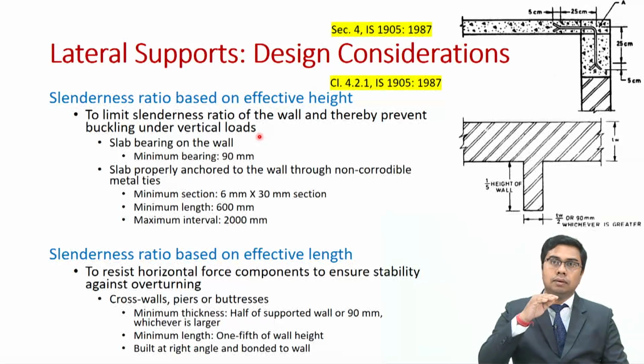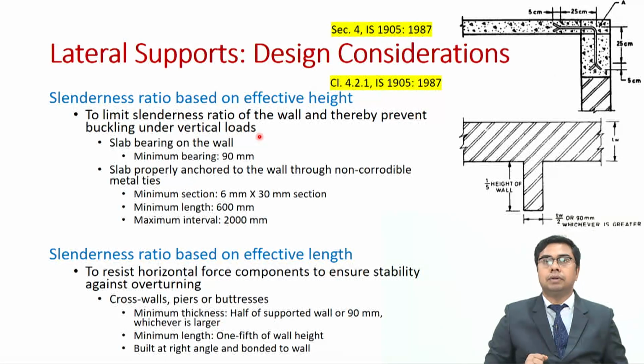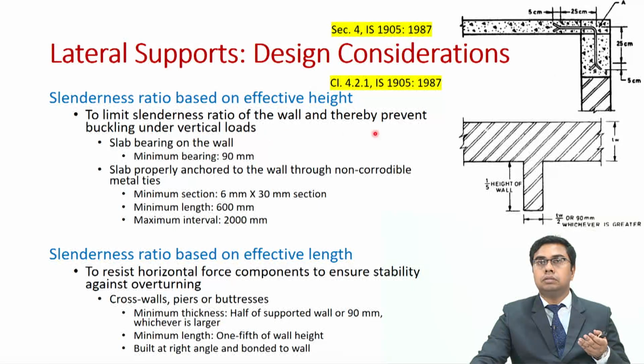So, a slenderness limit imposed in terms of effective height prevents buckling under vertical compression. How do you achieve this prevention of buckling under vertical load? If your slab is bearing on the wall, the minimum bearing width shall be equal to 90 millimeters. You cannot have bearing less than this.